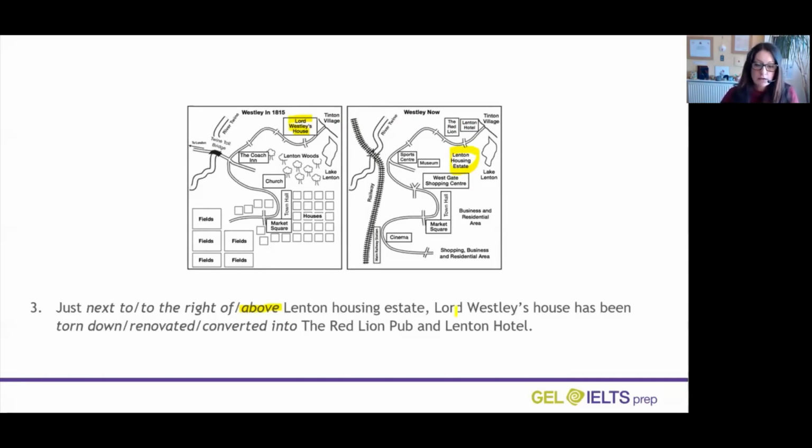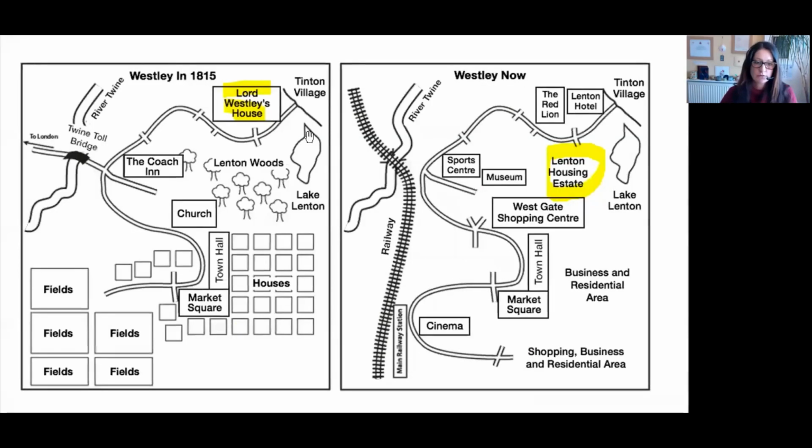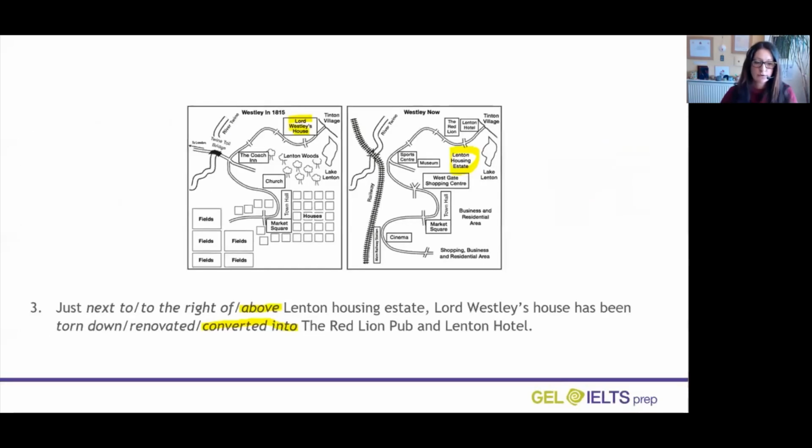So we would say that Lord Wesley's house has been converted into, here we need the preposition to make this answer correct. I'm going to zoom into the map again just to show you that we have Lord Wesley's house, and this has been converted, and we now have the Red Lion and the Lenton Hotel, which is above the Lenton Housing Estate. Great.